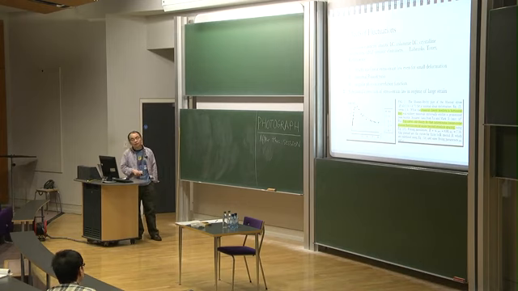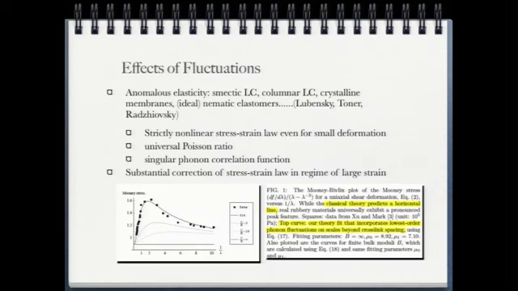These systems have been studied in great detail by Lubensky, Toner, and Radzihovsky. During my PhD, I learned about this from these people. The second example, which I did myself with collaborators, is the correction of the elasticity of isotropic rubbers due to long wavelength fluctuations.